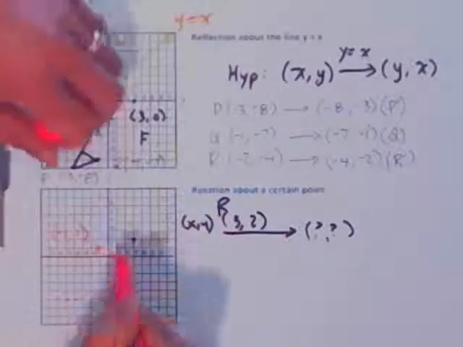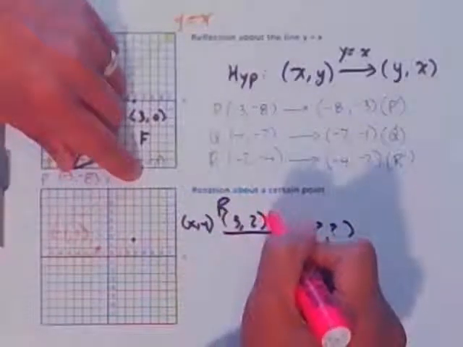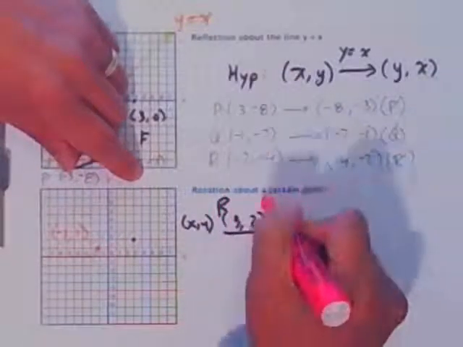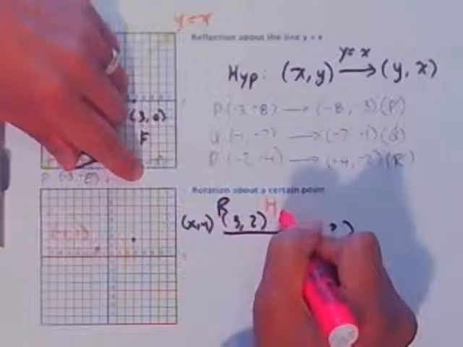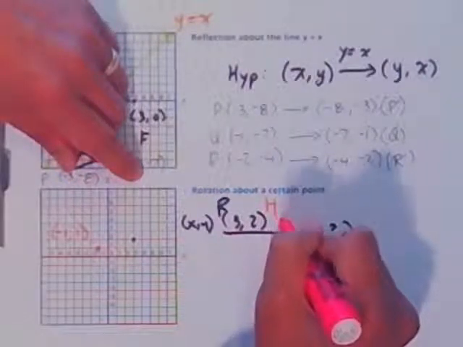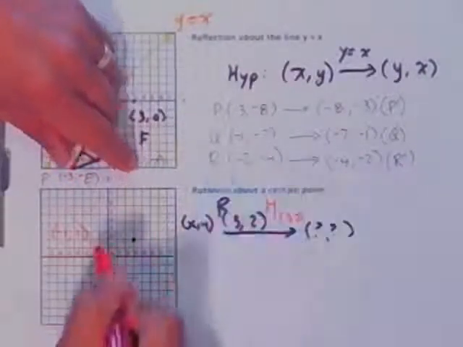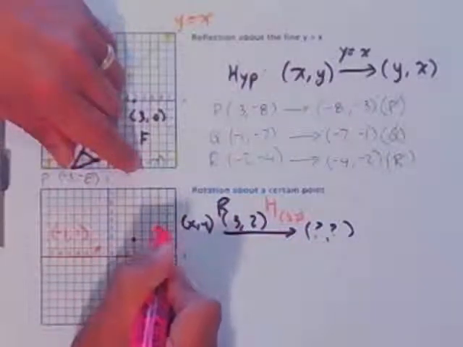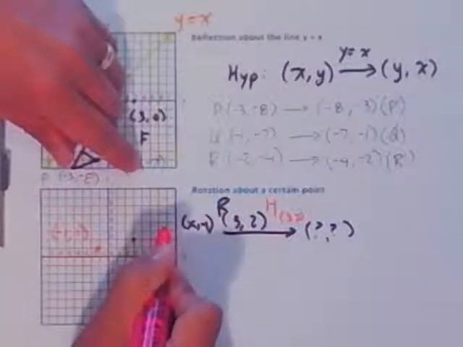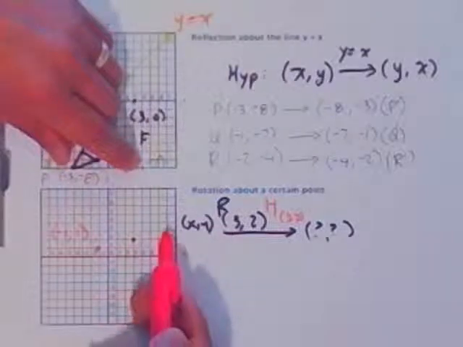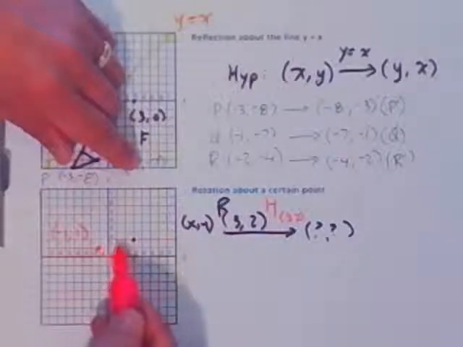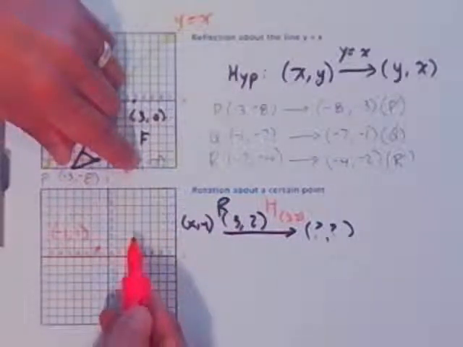So what happens is if you rotate it, it's a half rotation about 3, 2. So if you do a half rotation, it should end up somewhere on the first quadrant, right over here. We went 1, 2, 3, 4 to the right, up 1.